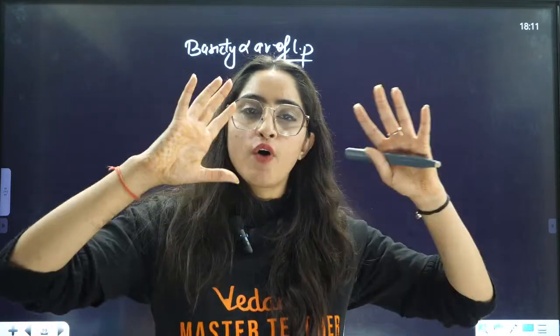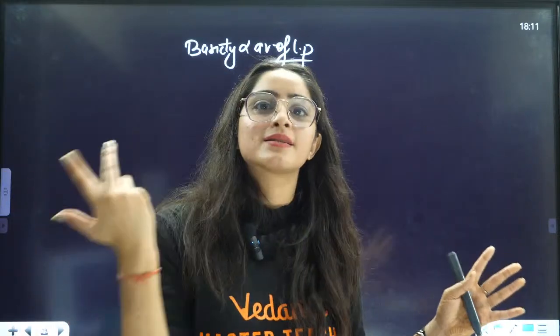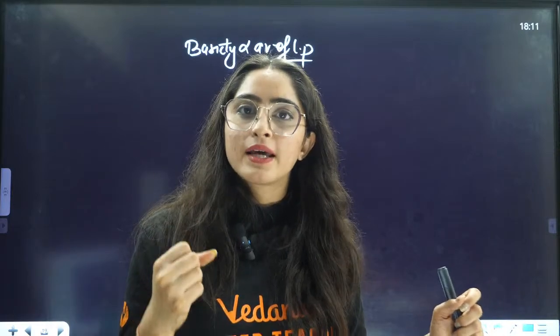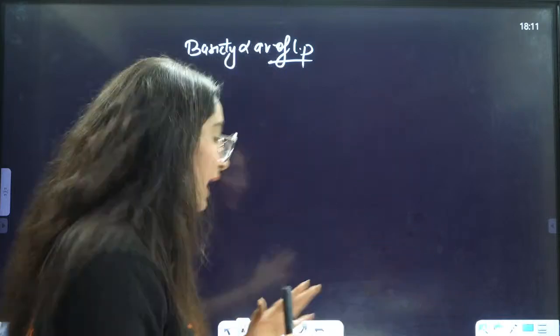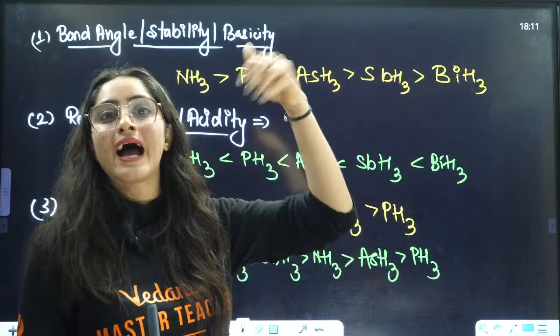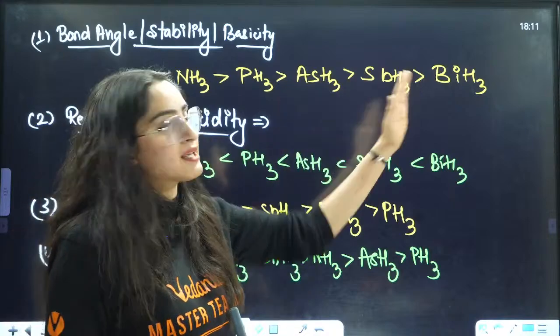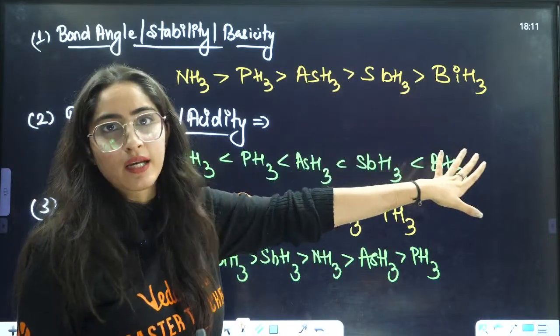If the size of the phosphorus atom is very large, the lone pair is less available, because the atom is very large. A lone pair is two electrons only. So in small size, the electrons are more available. That is why the basicity decreases down the group, because the size will increase down the group and the lone pair availability will be less. Understood? That is the reason for the order of basicity.